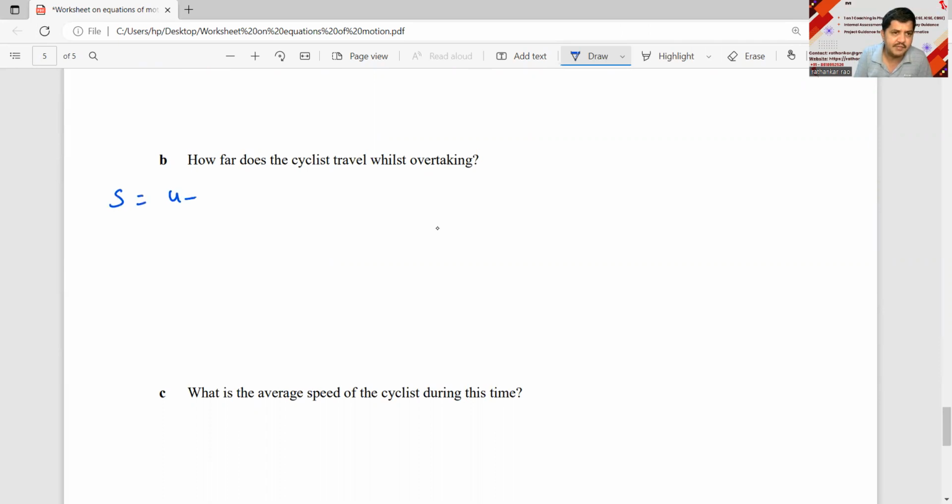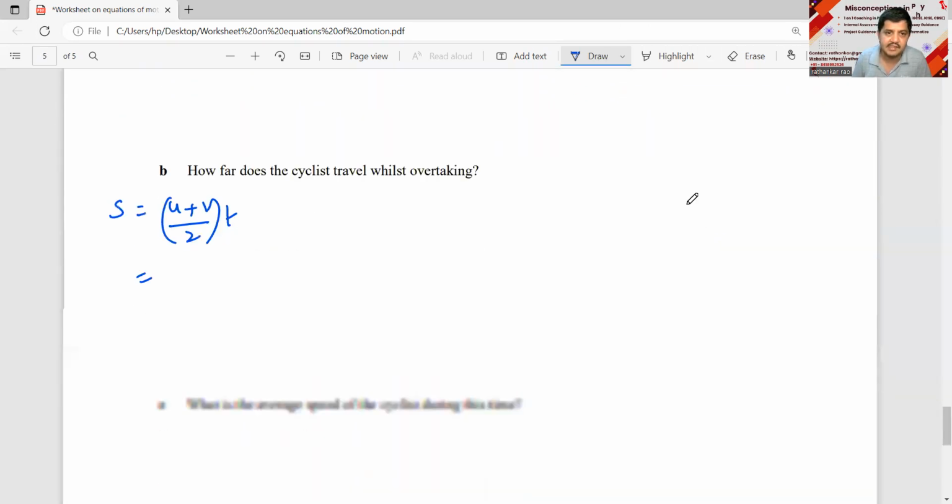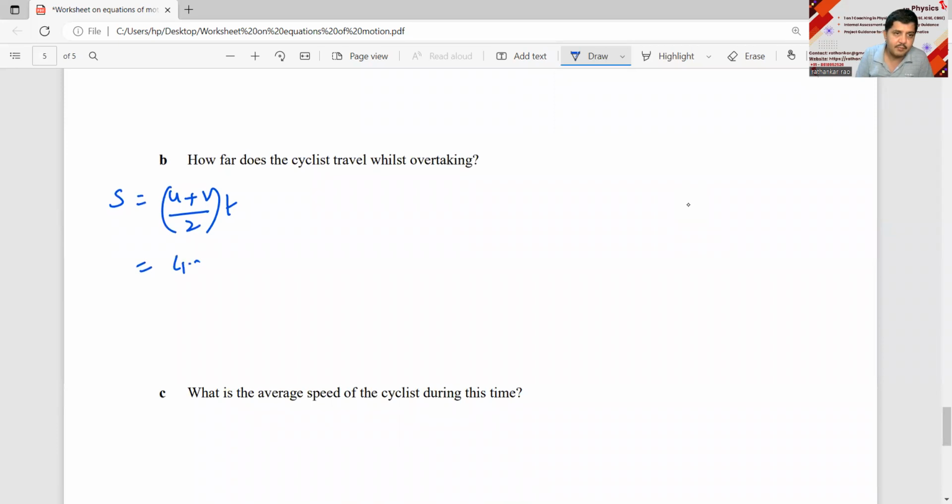Easiest way is u plus v divided by 2 into t. I'm not going to do the rest of the methods. You can try using this. So u here is 4.2 and v is 6.3. 4.2 plus 6.3 divided by 2 multiplied by t.